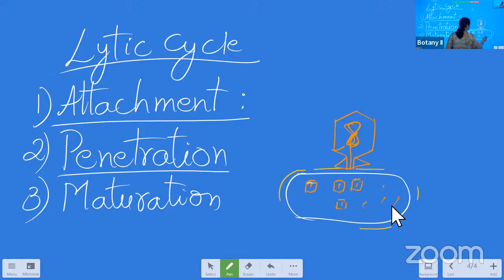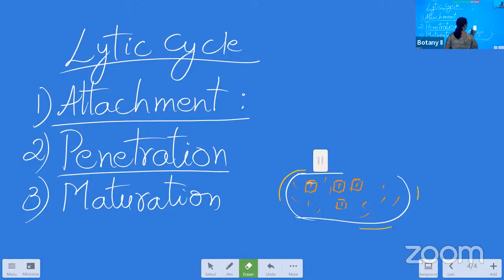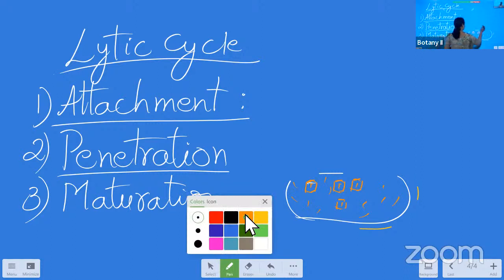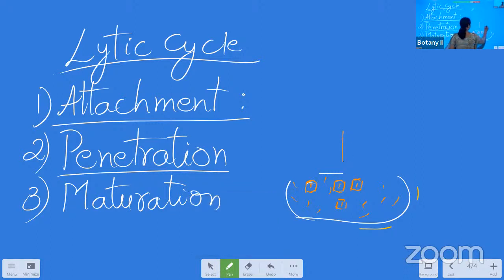And somewhere else we'll see the genetic material like this. Once the complete genetic material enters into the bacteria, then the empty viral organism is going to be seen. Empty viral organism means it does not have any genetic material.